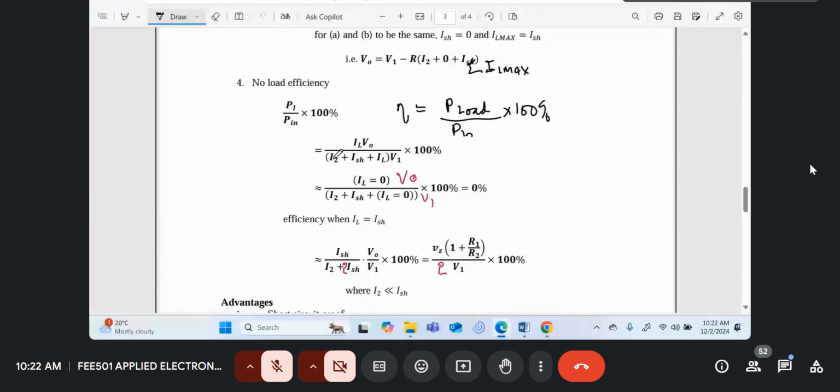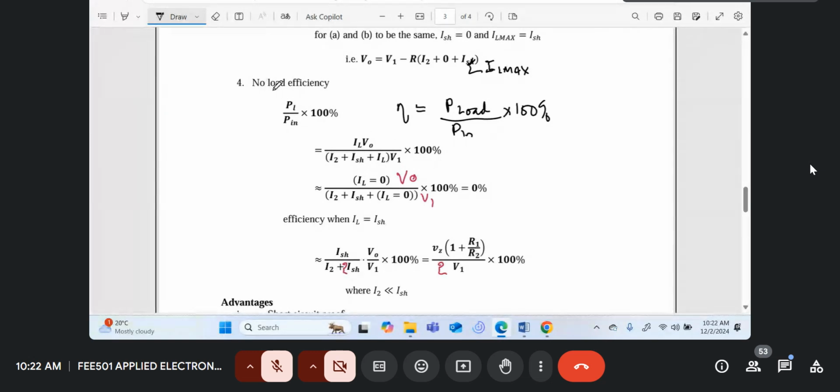So in general, we get efficiency is IL V naught for this circuit, because IL V naught is power going to the load, all divided by power in. Power in is voltage times current. So I've quoted the currents first: I2, I shunt, IL into V1, times 100.